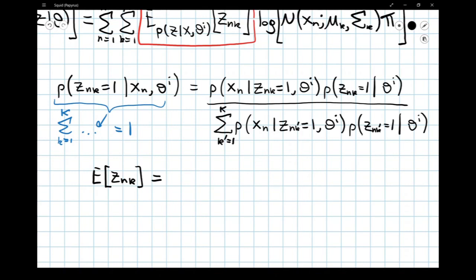The first one it can take is 0. So it would be 0 multiplied by the probability that Znk is equal to 0, given xn and theta I. You can see this is going to disappear, but I'll write it out in full anyway.